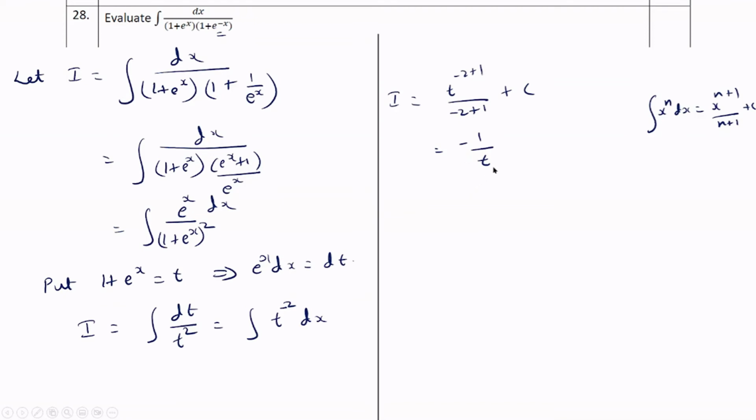Now we can substitute for t again. We have taken t as 1 plus e raised to x. Therefore, I is equal to minus 1 by (1 plus e raised to x). So this question carries 3 marks. Plus c. I forgot this constant of integration. This is very important. Plus c.